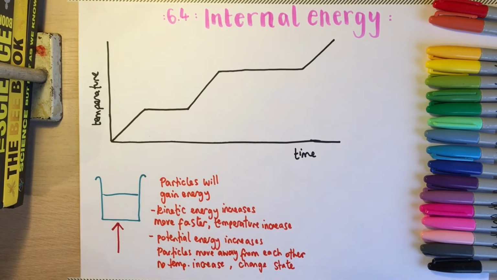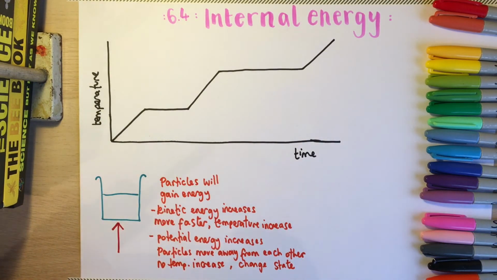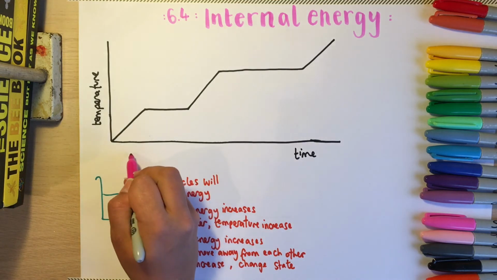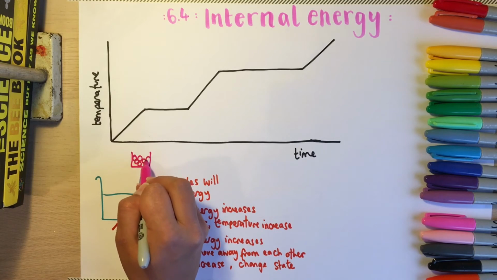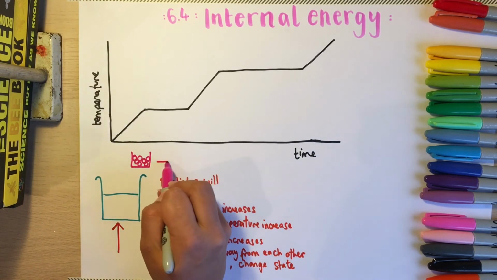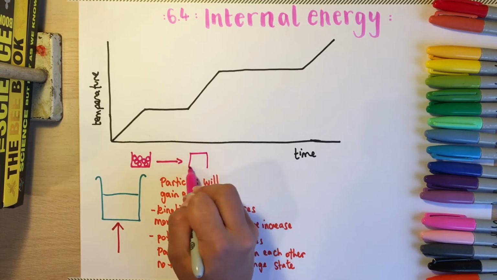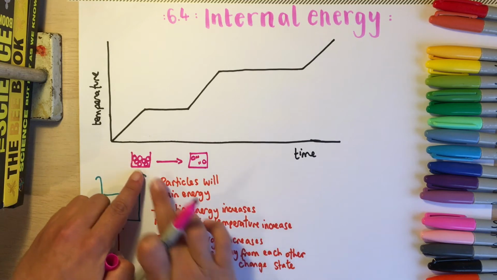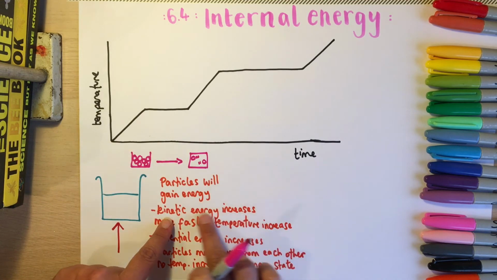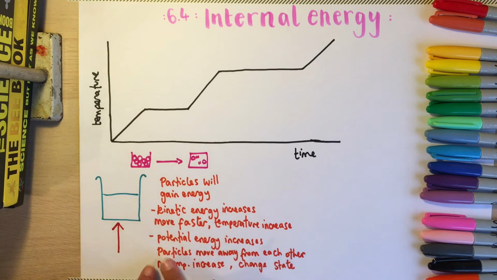If we go back again to our particle diagrams from two lessons ago, if we've got a liquid, so we've got particles that are close together but not in any kind of order, and they're going to a gas where the particles are much further away from each other. So they're moving faster, which is from the kinetic energy increase, but they are further apart from each other, and that's because their potential energy has increased when it changed state.